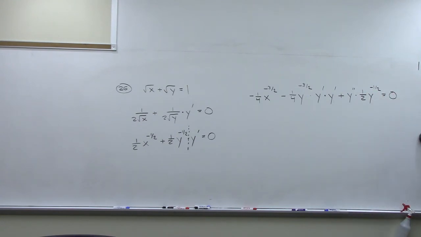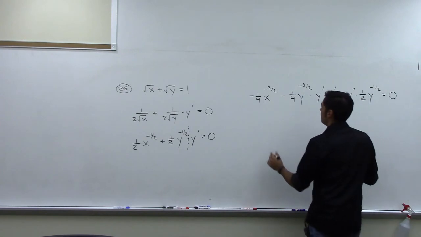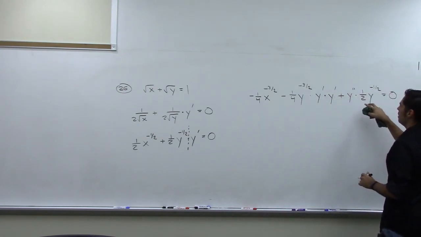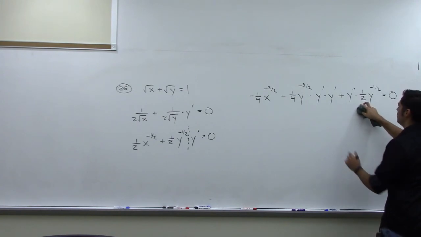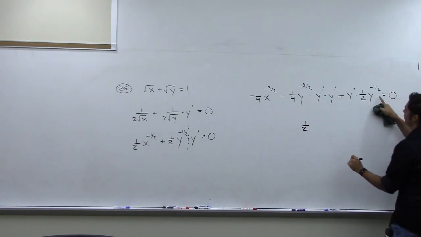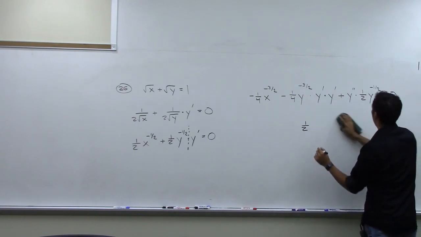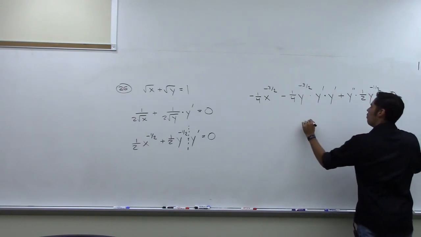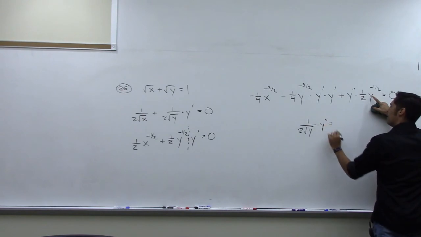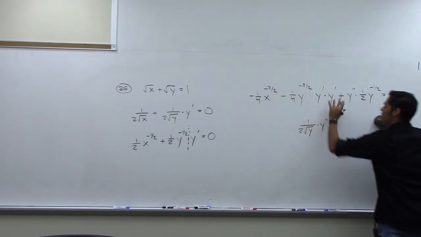What a disaster. So let me see if we can't clean this up. This looks really, really bad. Let's get the y double prime term by itself. So this is 1/2. I'm going to rewrite this as 1 over 2 root y. That's this piece right here, times y double prime equals, now I'm going to move this to the other side.